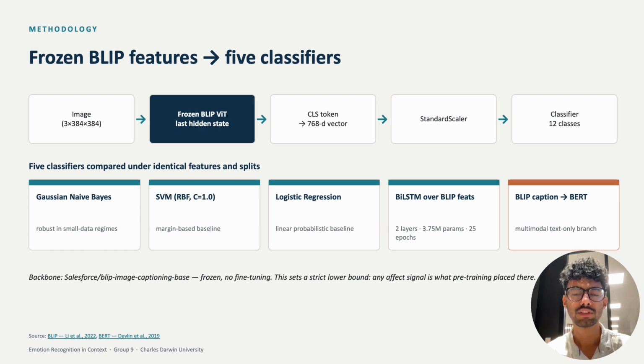The 5 tested models are Naive Bayes, SVM, logistic regression, BiLSTM, and BERT with BLIP captions. The important point is that BLIP was frozen. We did not fine-tune the BLIP backbone, and I'll pass on to Rudraksh, who will explain the experiment setup and results. Thank you.